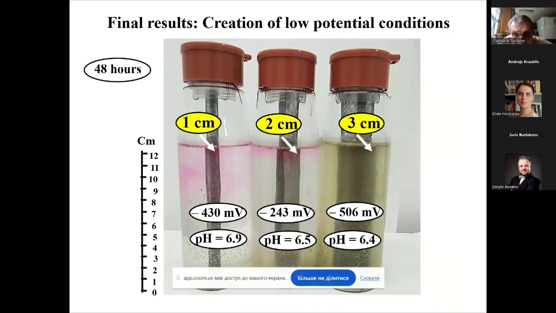And due to the direct measurement, we obtain the result that 3 centimeters in diameter of this redox locality is enough for effective and long time reductive precipitation of chromate. One can see the very low potential minus 400 millivolts at the suitable pH more than 6.